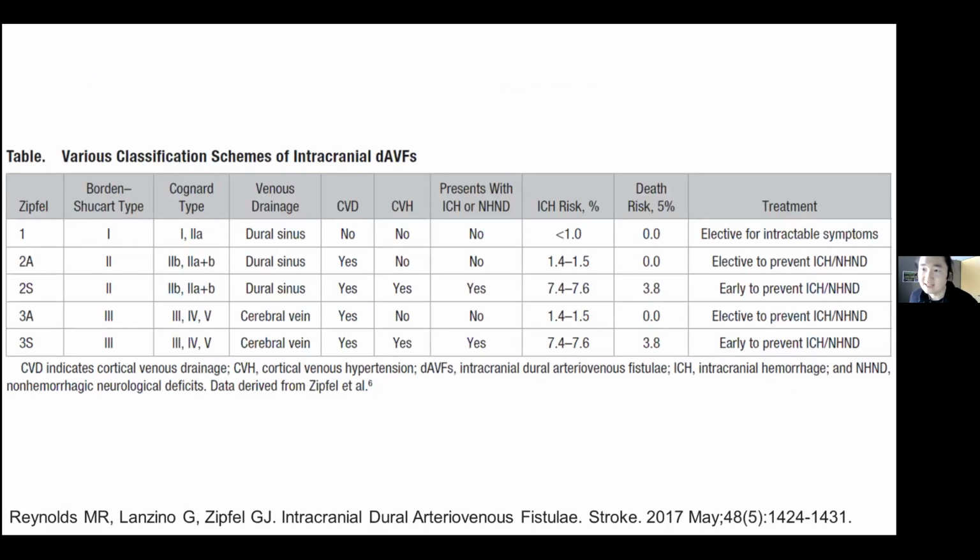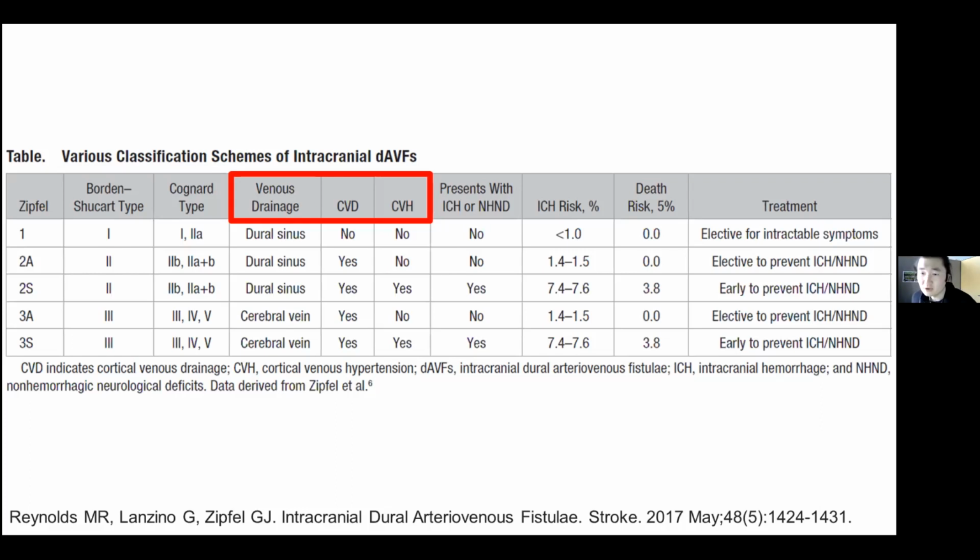And these different classifications can actually help organize the different types of dural AV fistulas by their corresponding natural history and their risk of bleeding, especially if you combine them with their draining patterns and their clinical symptoms. And so we'll break this down. On imaging, you can look for their primary form of venous drainage, whether there is the presence of any cortical venous drainage or cortical venous congestion.